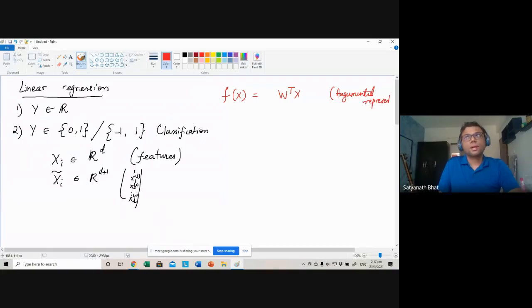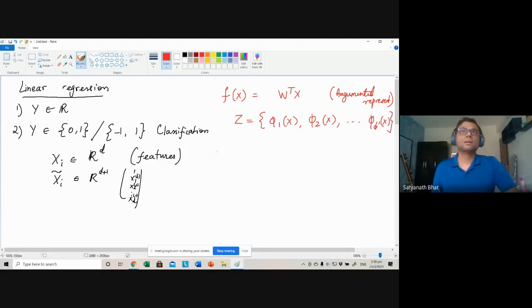Now, I made an important point last time: x need not be in R^d. x can be a set of features constructed from fixed basis functions. So we can have a new function z, which is phi1 of x, phi2 of x, all the way till phi d prime of x. Then instead of working in the x space, you can have f of x given by w transpose phi of x.